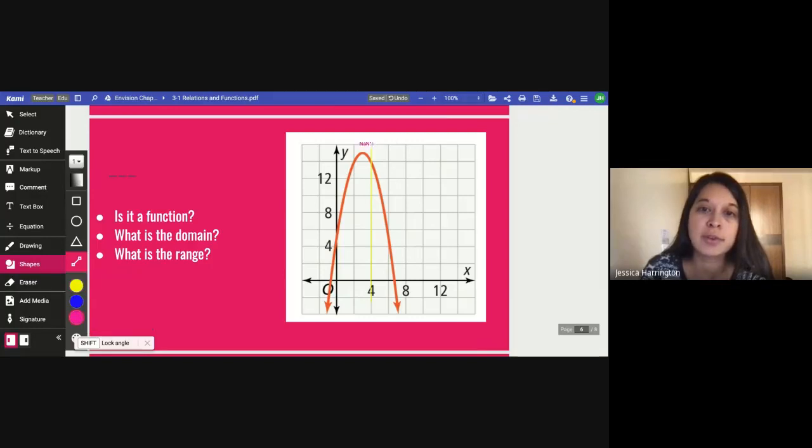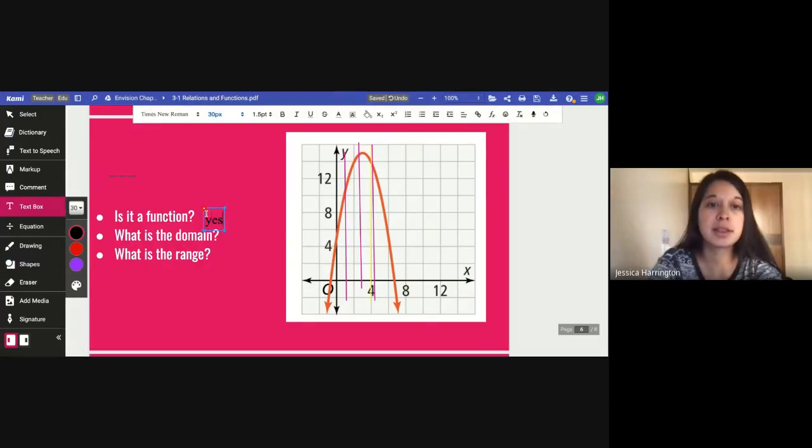Here, here, doesn't matter where, anywhere, at every possible point, if I draw a vertical line, it can only hit the curve once. If it only hits the curve once, it is a function, right? Because that means there's only one output for each input. So we can write here, yes, is a function.